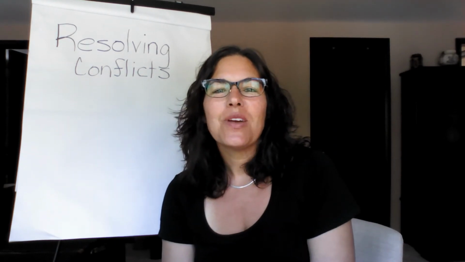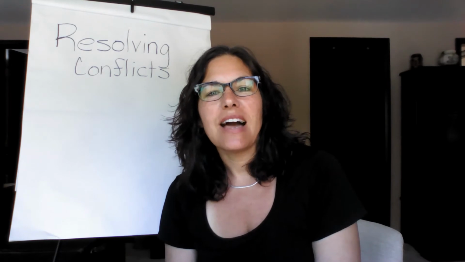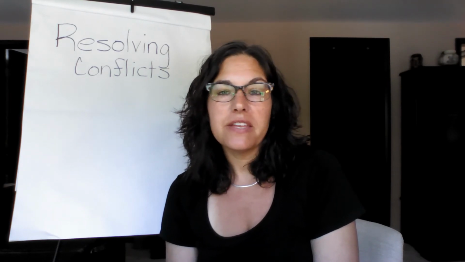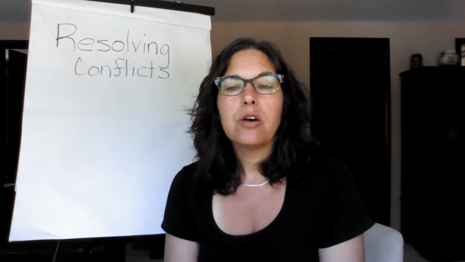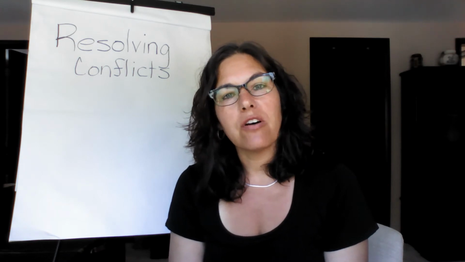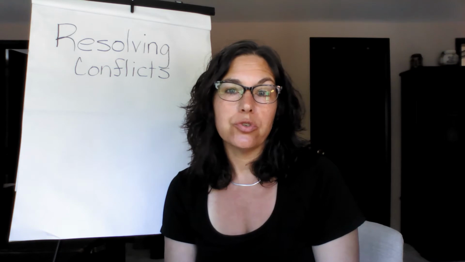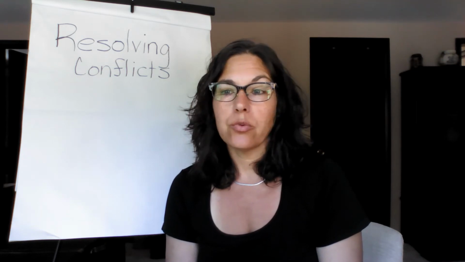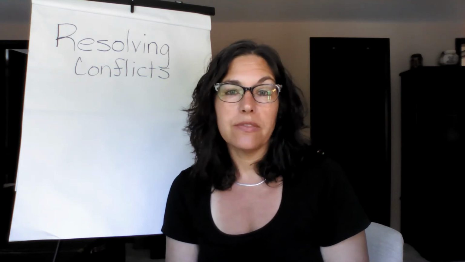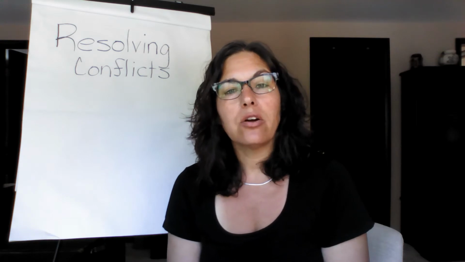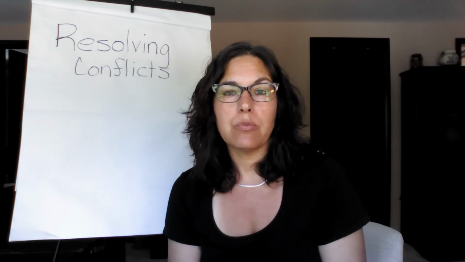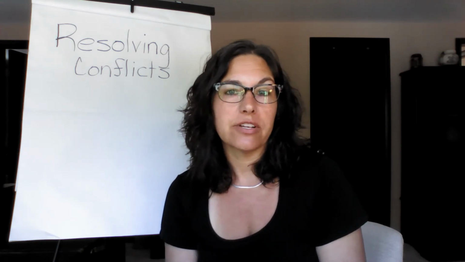I'm back. So it's important to keep in mind that conflicts are a part of life and that it's okay to have a conflict. But your goal is to be able to solve that conflict in a healthy way that allows you to achieve your goal, in other words, what you want or don't want that resulted in the conflict, and also to maintain the relationship with the person that you're in conflict with.